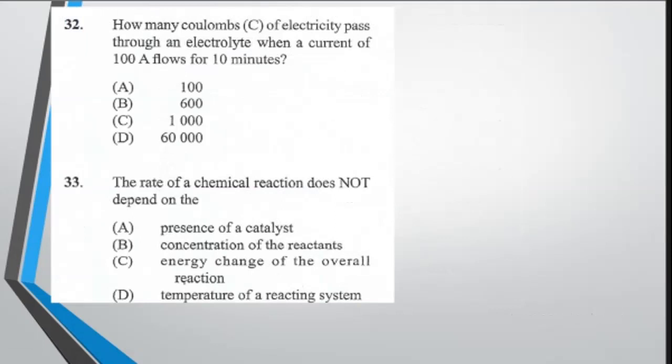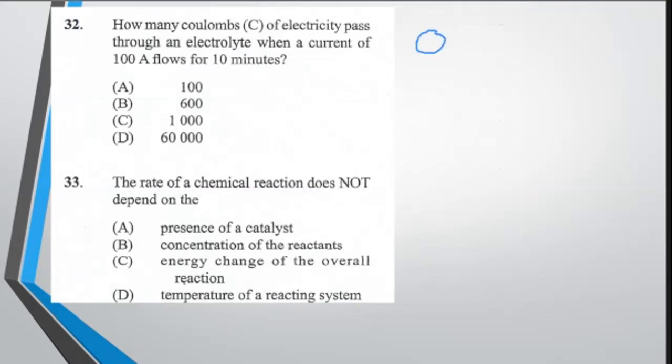All right, question 32. How many coulombs of electricity pass through an electrolyte when a current of 100 amps flows for 10 minutes? There's a formula.